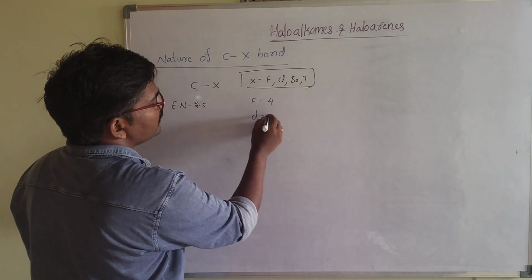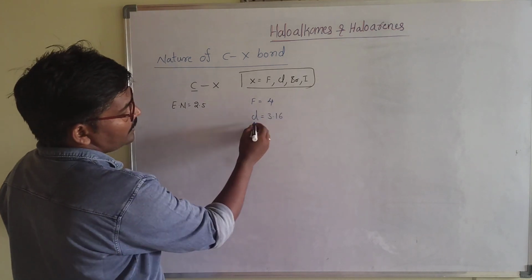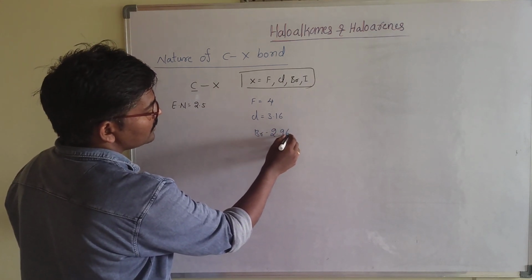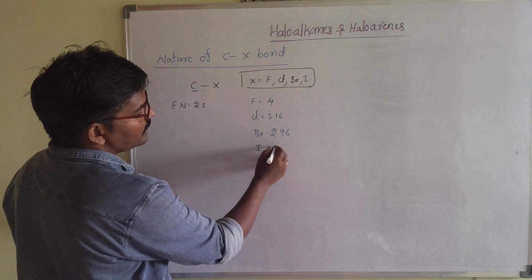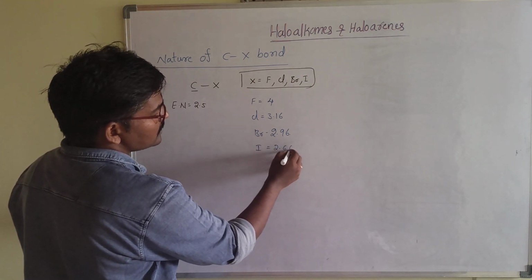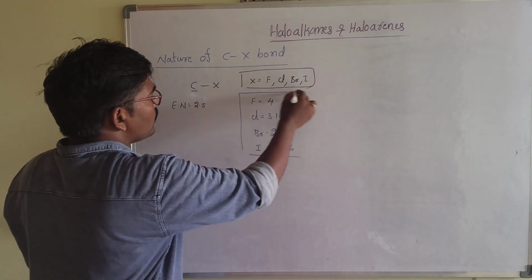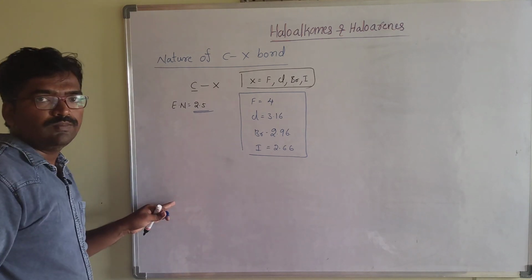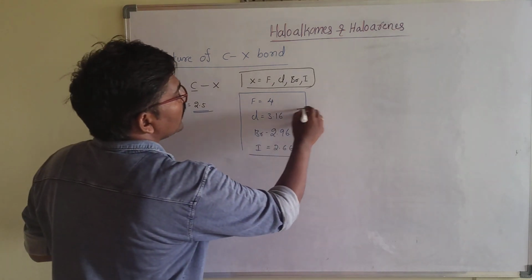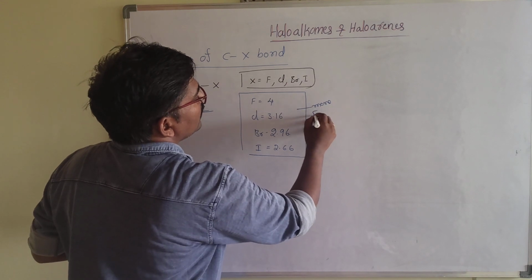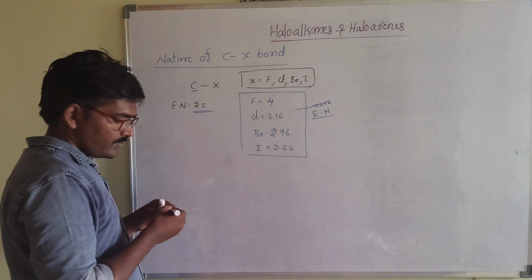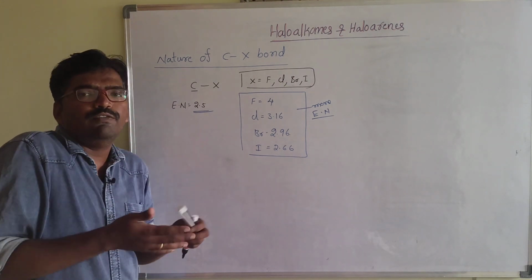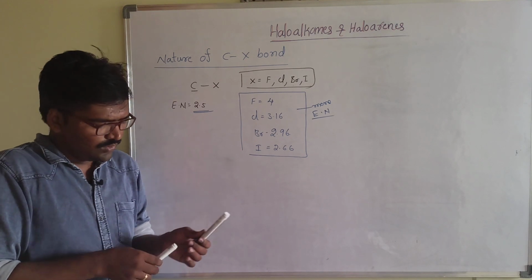Then chlorine is 3.16, bromine is 2.96, and iodine is 2.66. If you observe all these values compared to carbon, these are all more electronegative. When an electronegativity difference is there between carbon and halogen, definitely that bond is polar in nature.